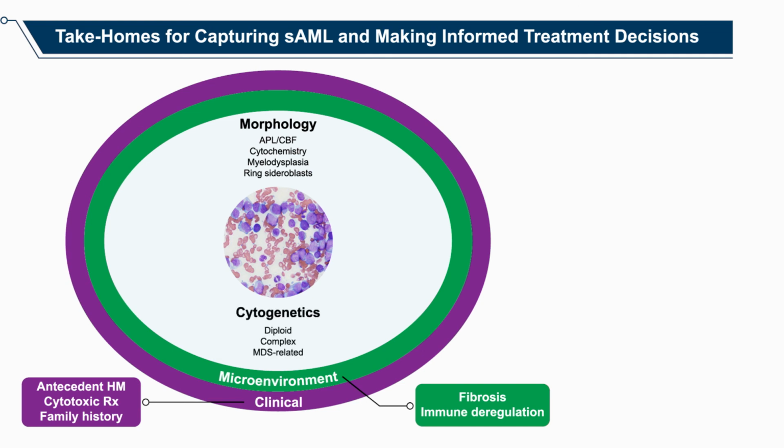We have specific cytogenetic changes that are associated with this subtype of disease, including recurrent chromosomal deletions, the presence of complex karyotype, or some of the previously defined balanced translocations. Flow cytometry is another tool that helps us determine lineage. It doesn't necessarily help clinch the diagnosis of secondary AML, but obviously it helps confirm the lineage of the neoplastic cells, which in this case should be myeloid.